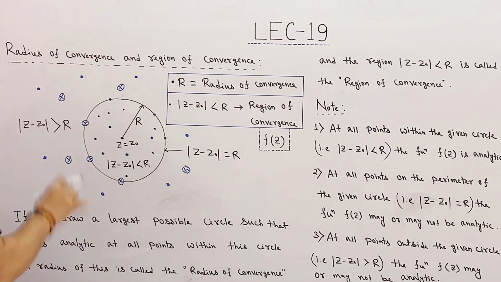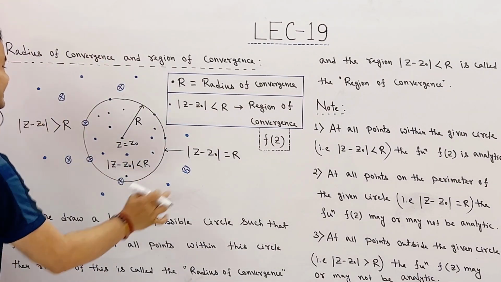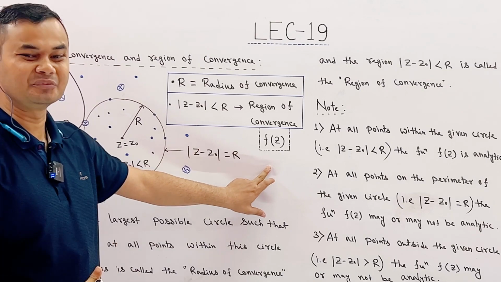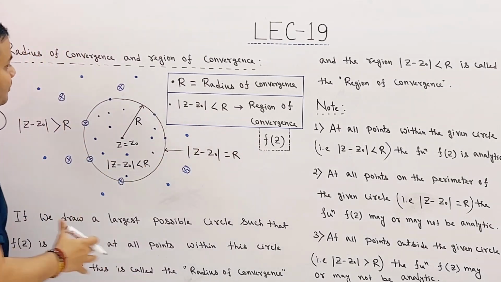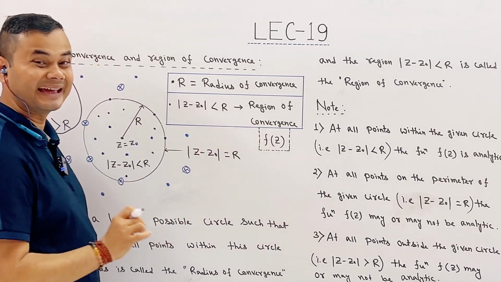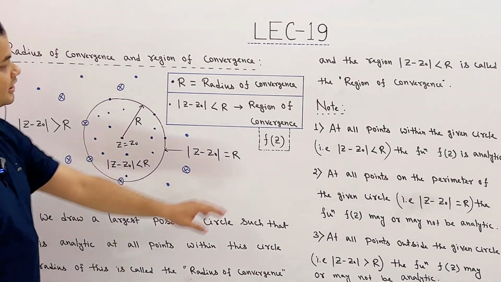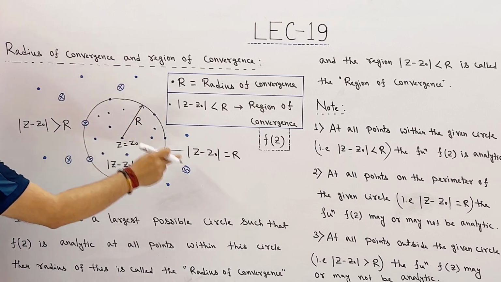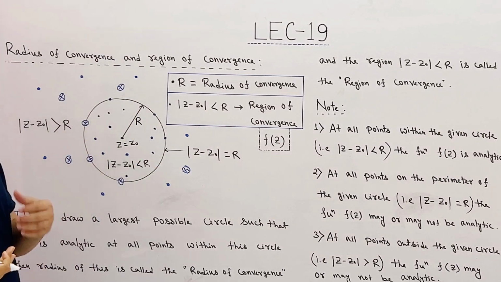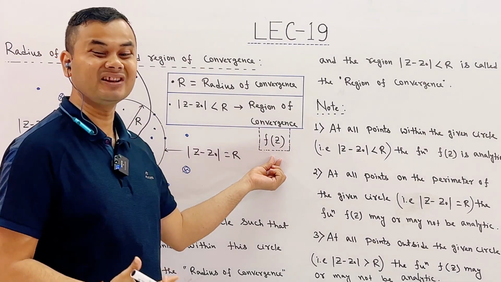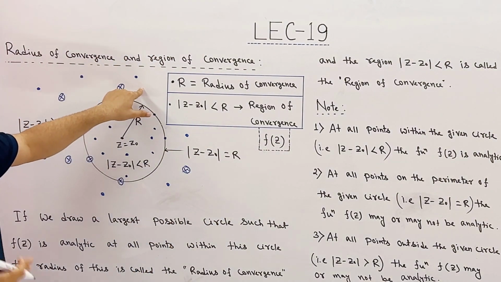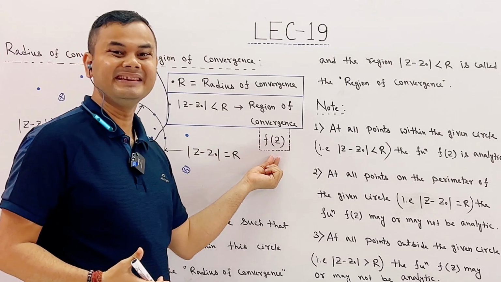Third one is at all points outside this circle, that means modulus of z minus z naught greater than r, the function f of z may or may not be analytic. That means at some points this function f of z will be analytic, and at some points this function f of z will not be analytic. Here these cross marks represent the points at which the function f of z is not analytic, and these dot points represent the points where f of z will be analytic.